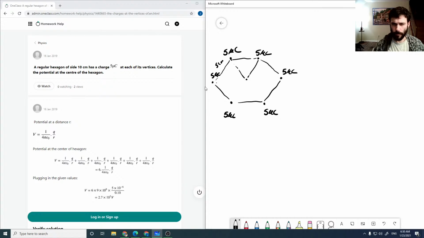So these are actually all equilateral triangles. So this distance here is also 5 centimeters. Sorry, not 5, 10.